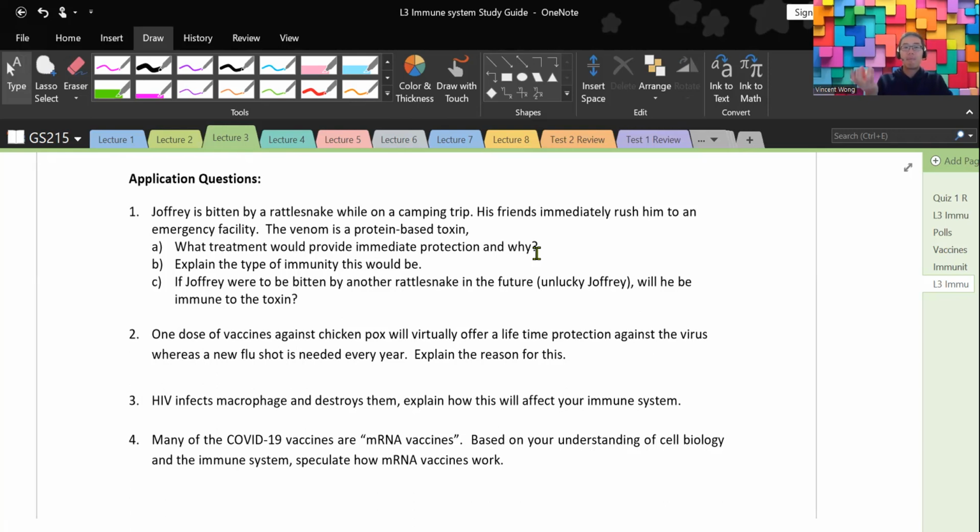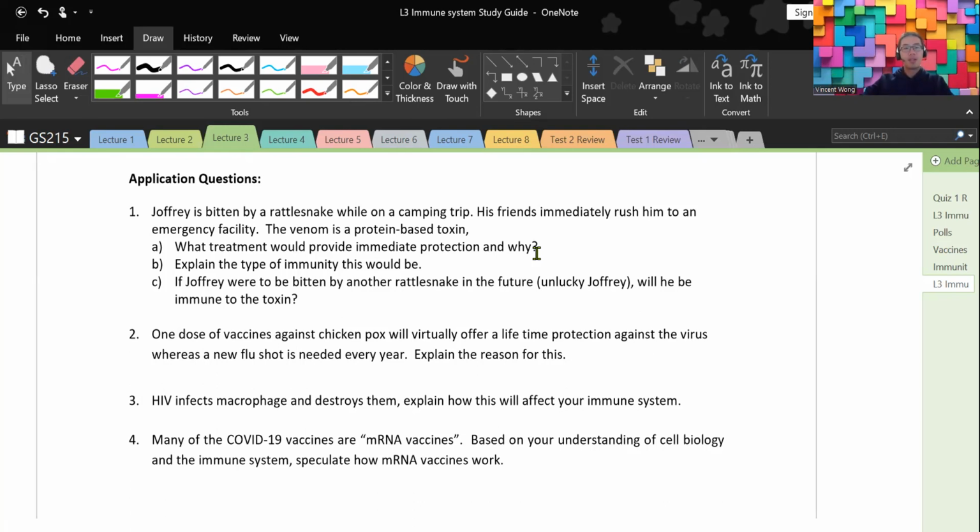So there might not be an immediate serum available. People say if you get bitten by a snake, if possible, you should take a picture of the snake so that they know what bit you, and they will be able to find the correct serum for you quickly. Sometimes you might have to request it from another place, because most places do not have a complete stock of these antivenoms.